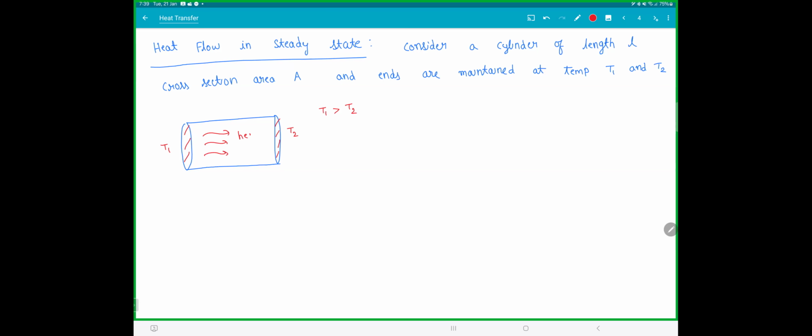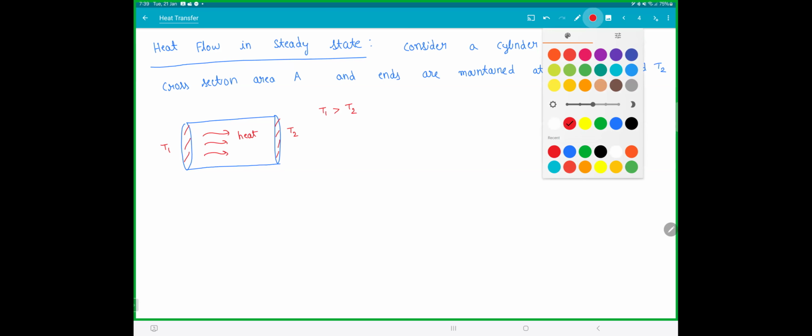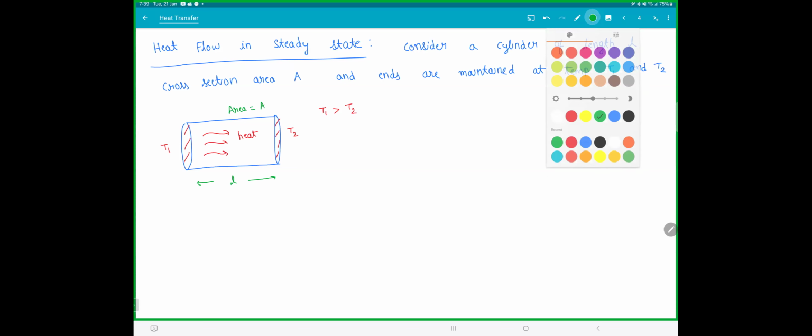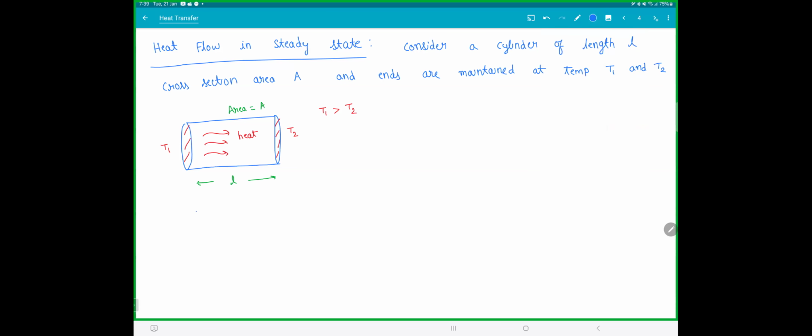So this is your heat flow. This is length L and this is area A. Now you can clearly see here, so dq by dt is proportional to the temperature difference. More the temperature difference, faster the heat will flow.